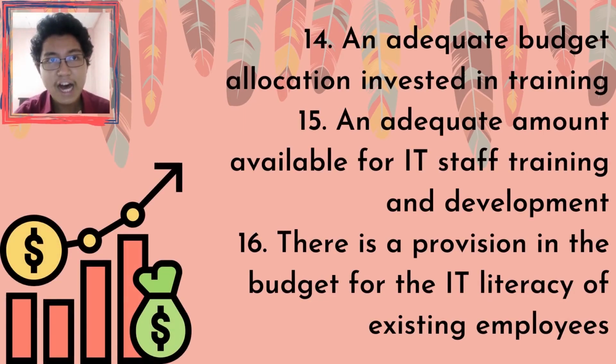Next, we have an adequate budget allocation invested in training and an adequate amount available for IT staff training and development. And for number 16, there is a provision in the budget for the IT literacy of existing employees, or it may even be for potential employees.